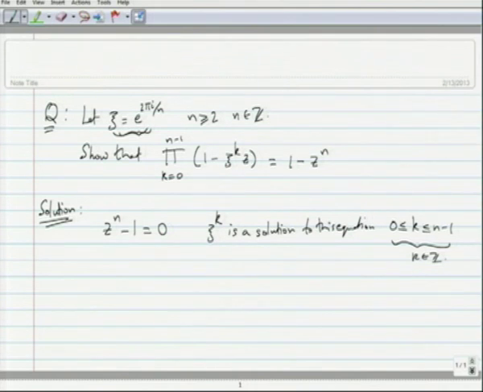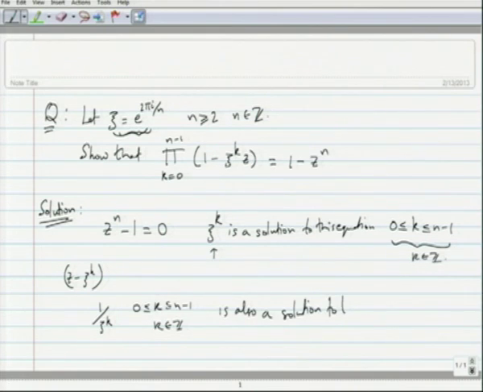But this is not exactly what we want here. This would give us a factor z minus zeta power k, but this is not what we want. So what we will do is observe the following. Notice that 1 by zeta power k, where k is an integer between 0 and n minus 1, is also a solution to the above equation.